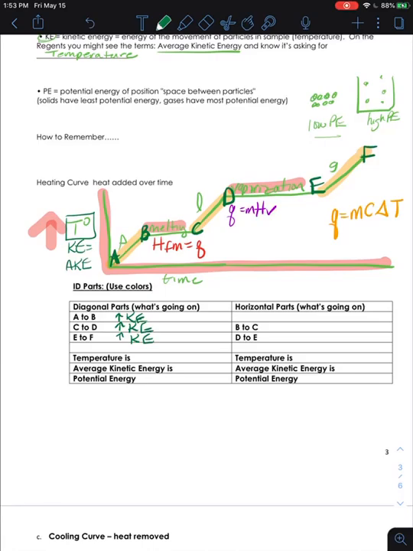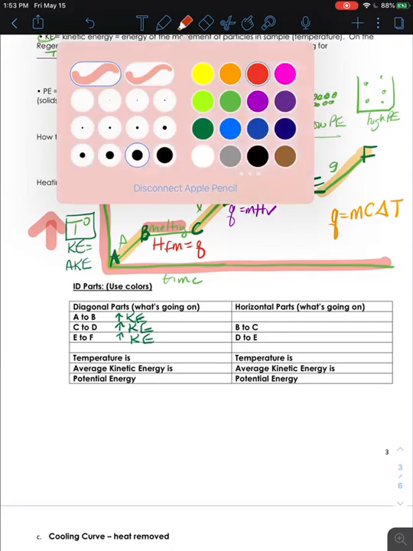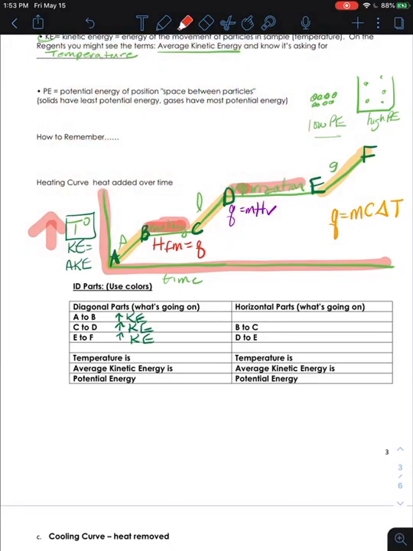Now these horizontal parts, okay, and let me just highlight them again. This part and this part are plateaus, okay? So what's going on here is the temperature is remaining the same. The temperature, no change at all.